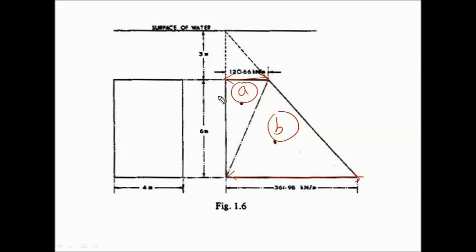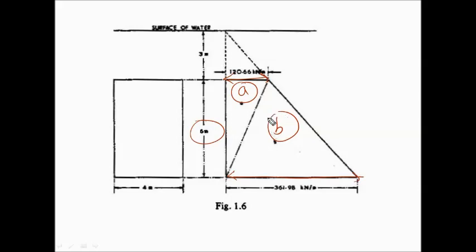And for both triangles, the depth remains the same, that is 6 meter. So what we have to do is find the area of both triangles separately and add them, and you will get the total area of the trapezoid. This is the method for the calculation of the area.